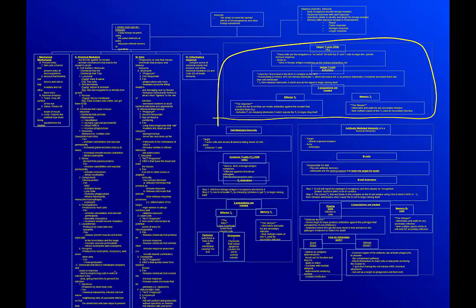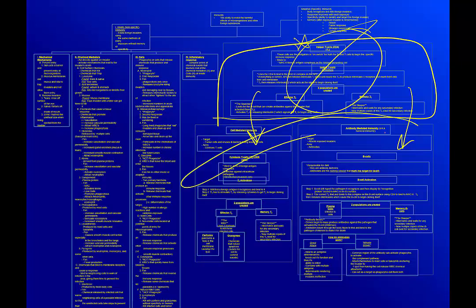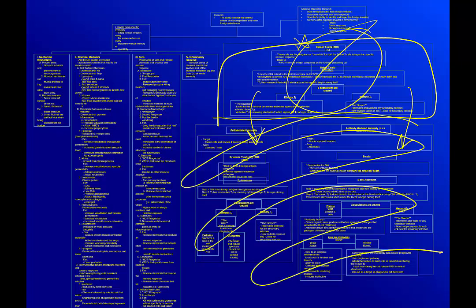And notice in my little family tree of information, or concept map, the helper T cell is the first thing in line. Then it's the cell-mediated immunity and the antibody-mediated immunity. This gets this and this to work. Without this, nothing else works. I know I've said that like 75,000 times, but just so you know.